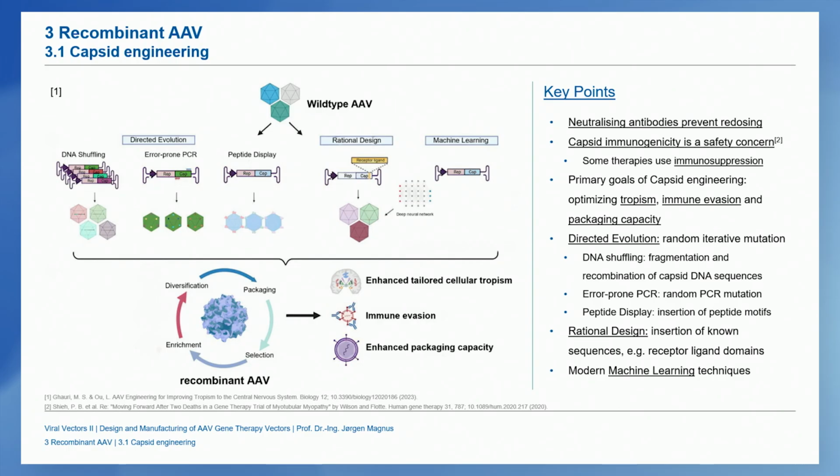One of them is the tissue tropism, because as I mentioned, you would like to target certain cell types and certain tissues specifically. That can be optimized by changing the sequence of the proteins, the amino acids, or in principle the DNA sequence of the cap genes, to create capsids that have different properties.